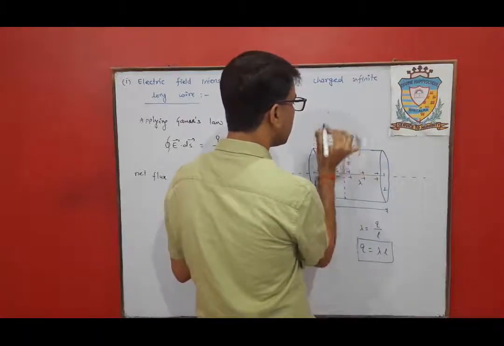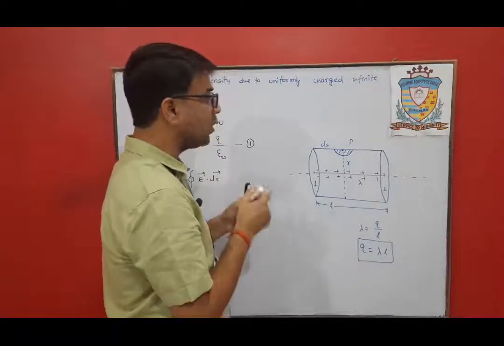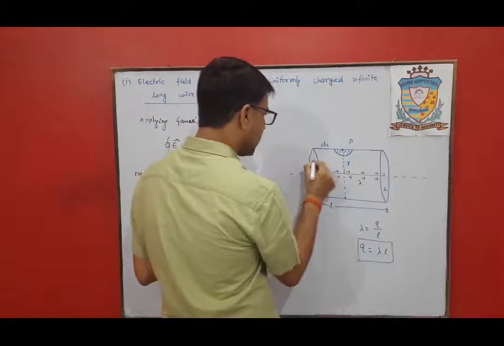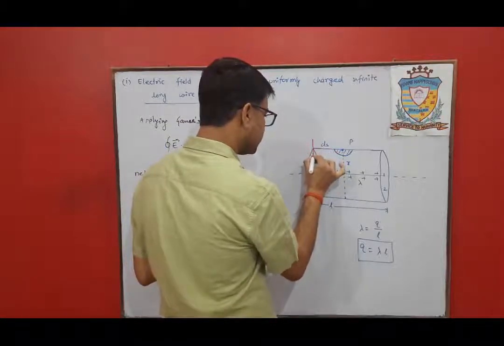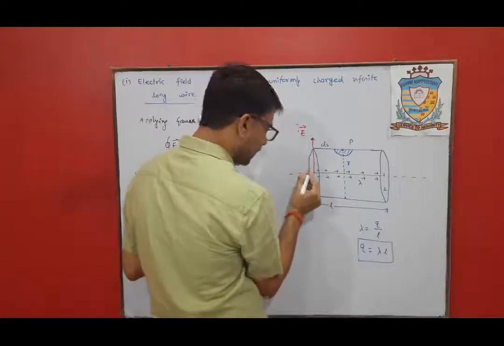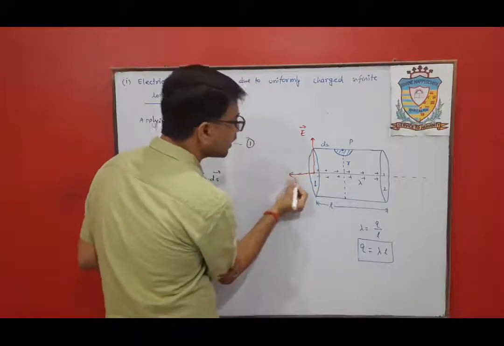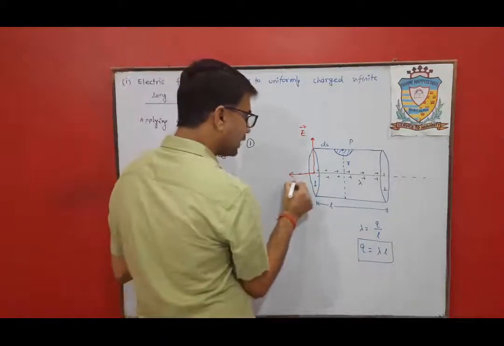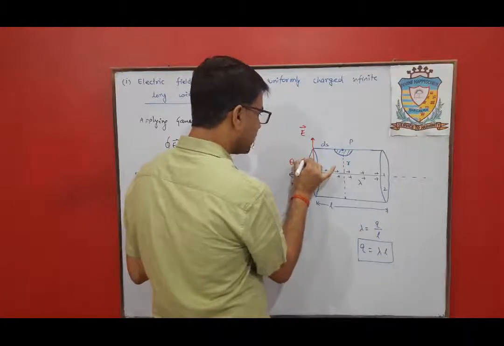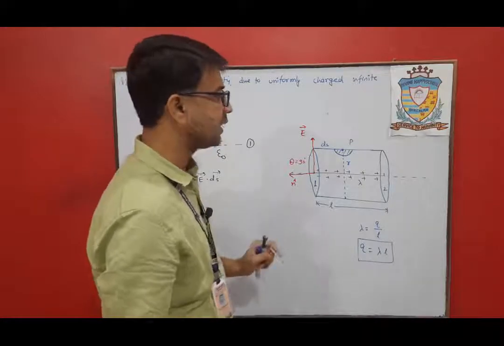Let the small surface area be ds. At this point this is the direction of electric field, and this will be the direction of area vector n cap. So the angle between electric field intensity and area vector is 90 degree.